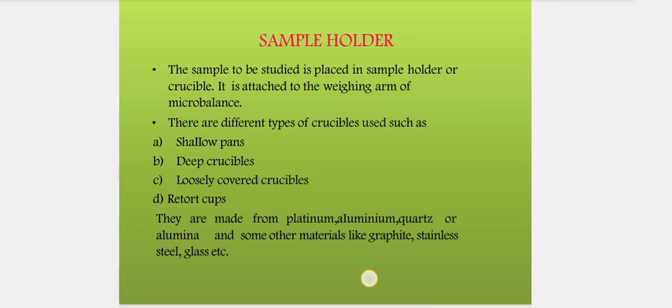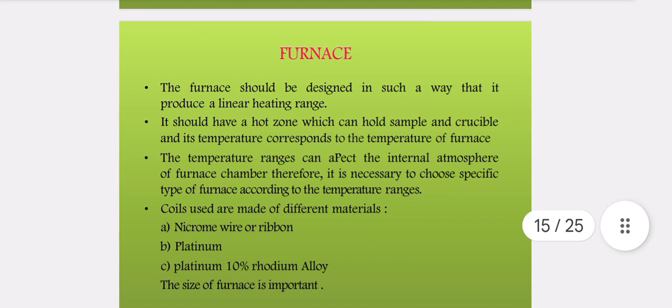Next is the furnace. The furnace should be designed in such a way that it produces a linear heating range. It should have a hot zone which can hold the sample and crucible, and its temperature must correspond to the temperature of the furnace. Third is the temperature range. Temperature ranges can affect the internal atmosphere of the furnace chamber.